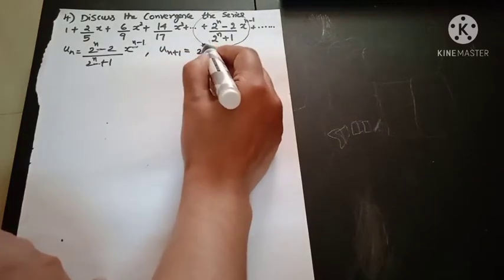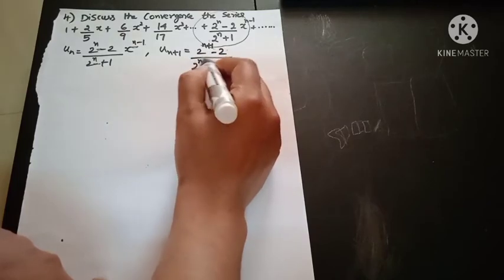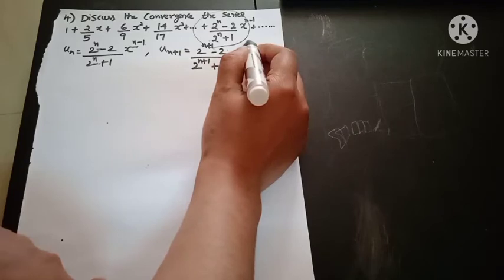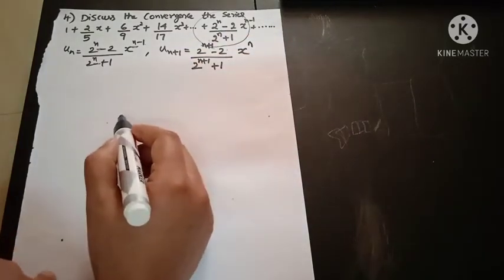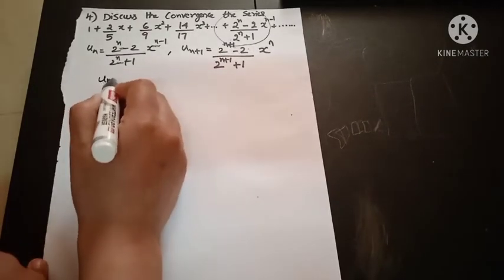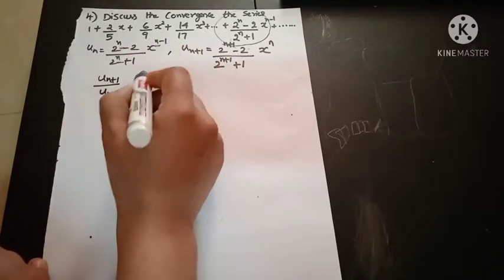So 2 to the power of n plus 1 minus 2 upon 2 to the power of n plus 1 plus 1, into x to the power of n plus 1 minus 1 which cancels, that is x to the power of n.